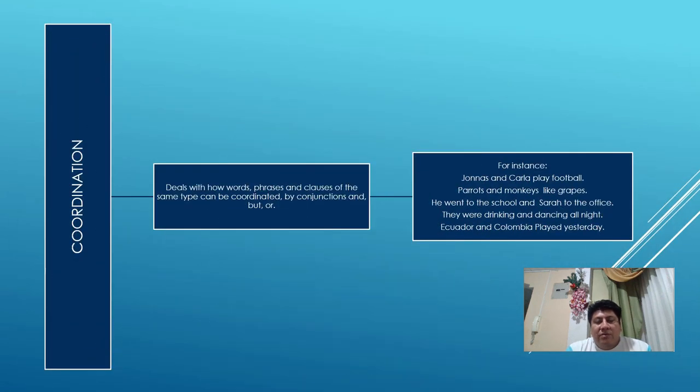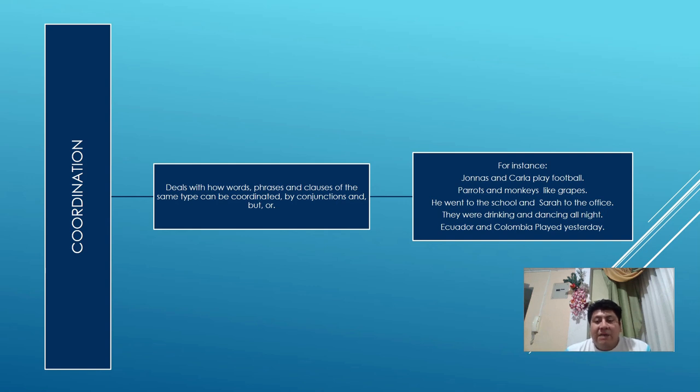And finally, we have coordination. Coordination deals with how words, phrases, and clauses of the same type can be coordinated by the conjunctions and, but, or. This is the difference between coordination and ellipsis, because ellipsis was a complete sentence and an incomplete one. This one is complete phrases, but coordinated, all the time sharing the same idea.